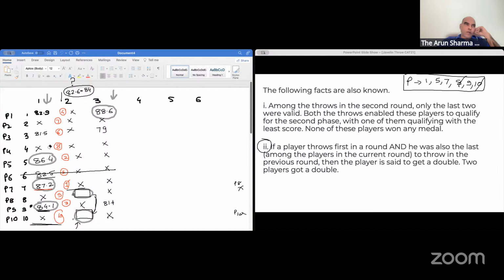A double will also happen from the second round to the third round if the 10th thrower of the second round becomes the first thrower of the third round. Now, this is possible if P10 becomes the first thrower of the third round.